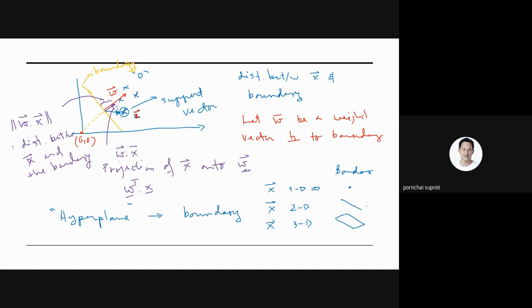So this is a point, this is a line, this is a plane. Then if you have higher and higher dimensions, let's say n-dimensional, it's hard to draw, right? So we just call it hyperplane. And that's what we mean.